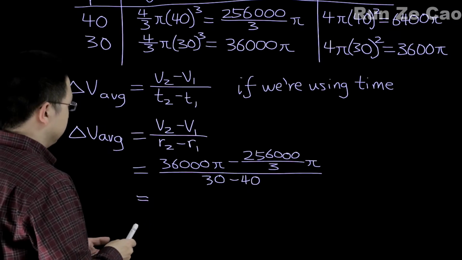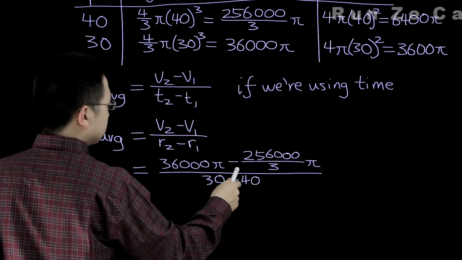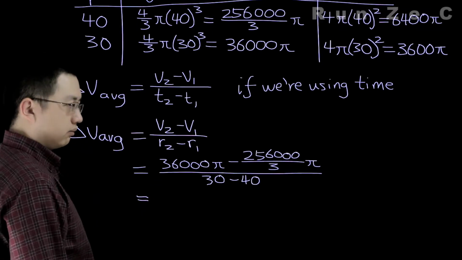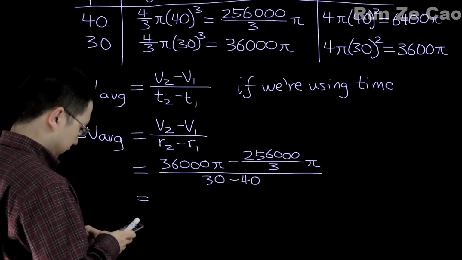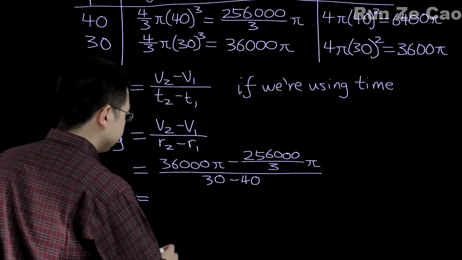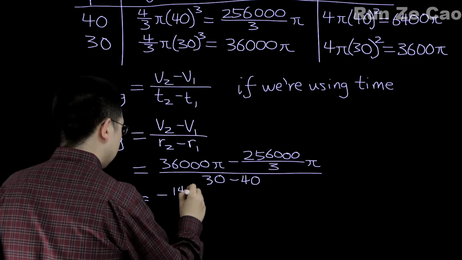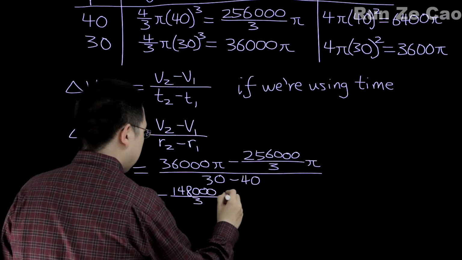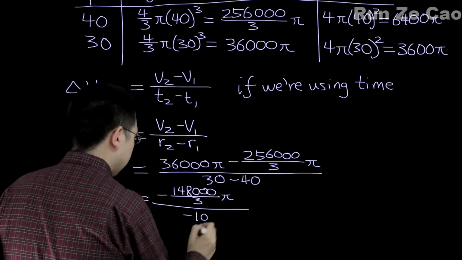So here 36,000 is equal to how many over 3? 108,000. So 108 minus 256, negative 148,000 over 3, negative 8,000 over 3 pi, over negative 10.